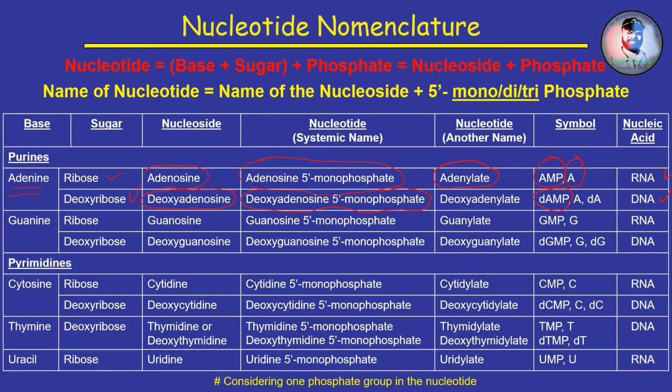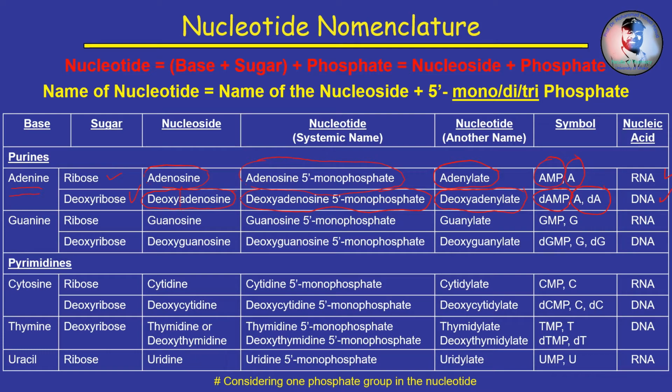This nucleotide has other symbols, that is A and dA, which are used to write the sequence of a DNA chain. Adenine-containing DNA's nucleotide has another name, that is deoxyadenylate.